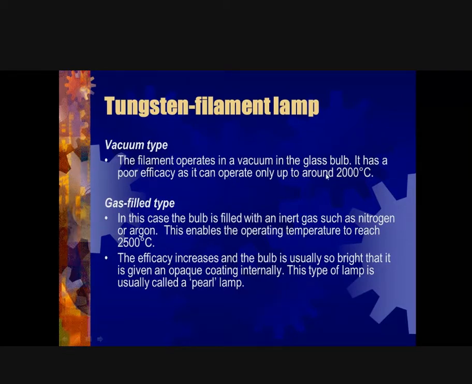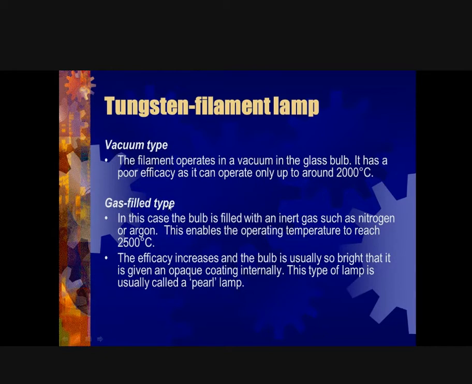The operating temperature is around 2000 degrees C. So this is how hot it will get, and you can realize that a lot of the energy consumed will go to loss.